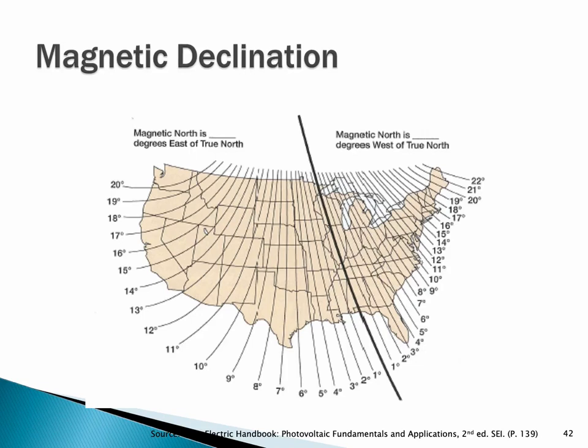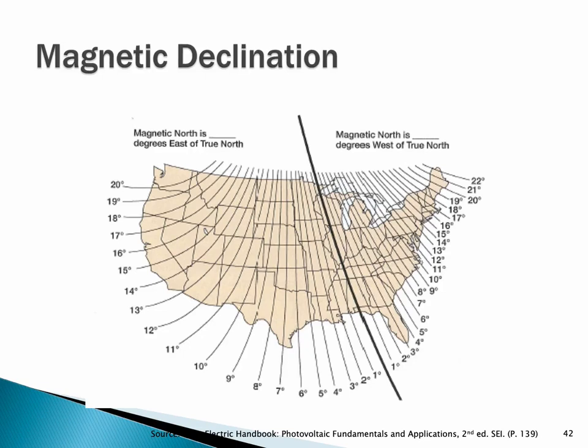But if you're in Maine, if you're Jeff Ford moving to Maine, you're going to be up to 22 degrees off from true south. So your magnetic compass has to be reset 22 degrees to compensate for that declination, or that difference between true magnetic north-south and true axial north-south.